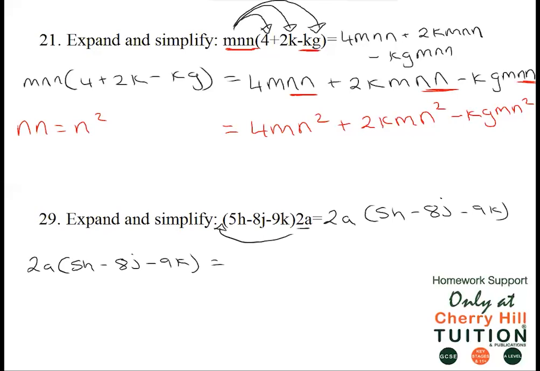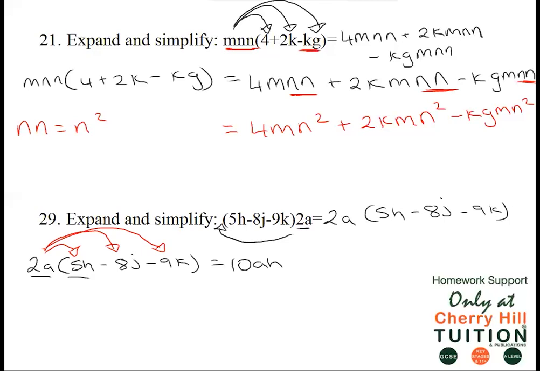So we simplify this and expand in the same way. So let's start by doing 2a multiplied by 5h. This gives us, so 2 multiplied by 5, so always start with the numbers first. 2 multiplied by 5 is 10, and then we have an a and an h.